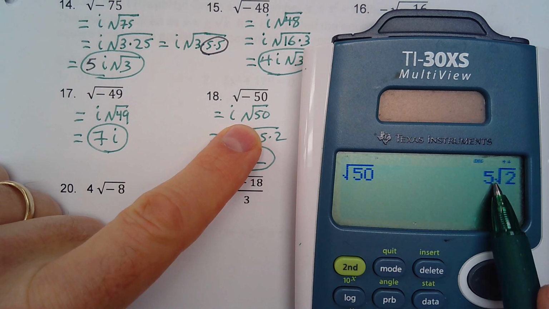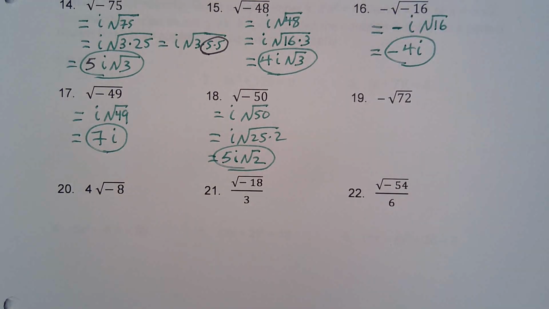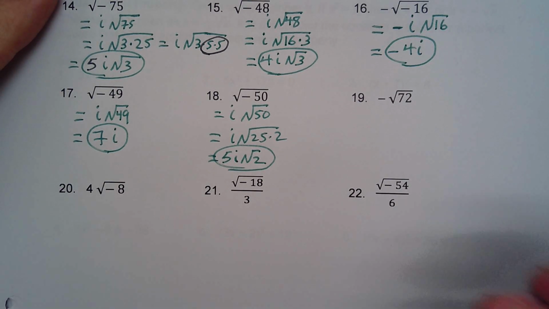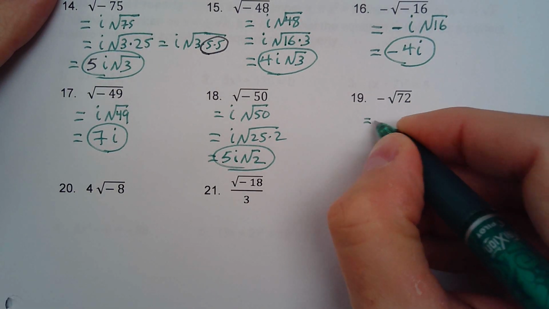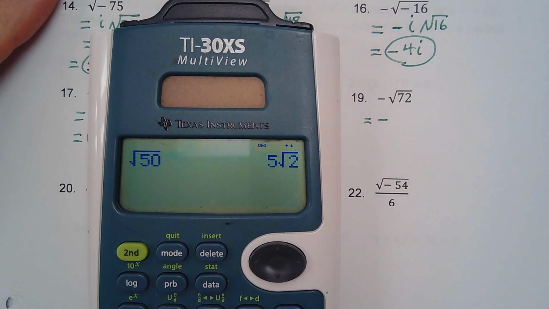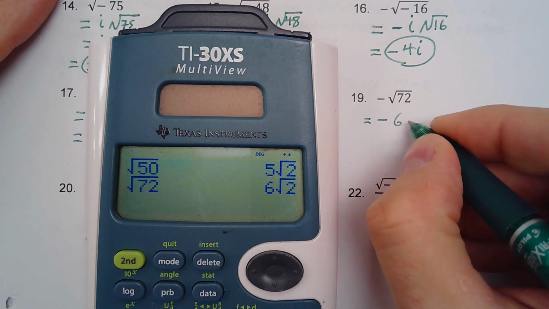And just have to remember I have to put an i there next to the 5. Now for this last one, there's no i here because the negative's on the outside. In fact, if I wanted to, I could just pop that on my calculator. So that'd be 6 square root of 2.